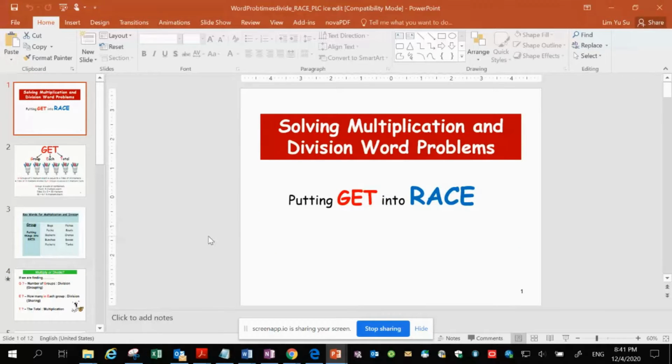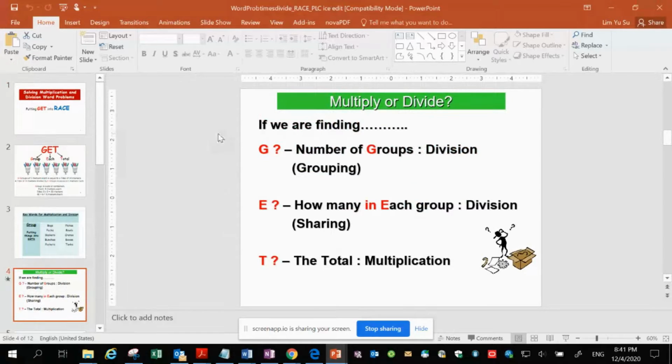Before we go on, a reminder: if you recall from our previous lesson package on SLS, there is this solving multiplication and division word problems package on GET into RACE. When we talk about GET, we are referring to how we decide under C whether we are going to use multiplication or division in a word problem.